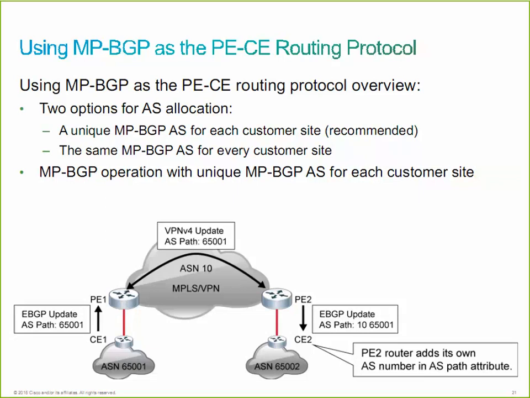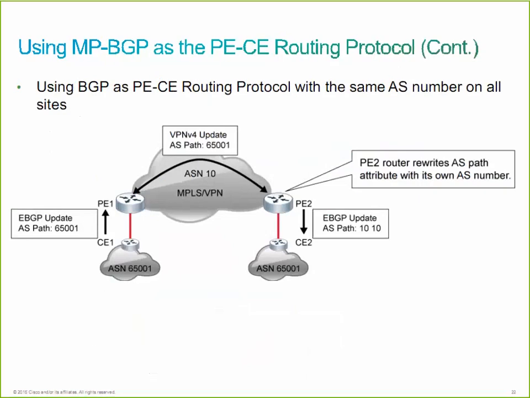Now, there is an advantage for using the same AS on every site. There is something within BGP called an AS collision. Obviously, having the same autonomous system number for every site reduces the chance of having those autonomous system collisions.